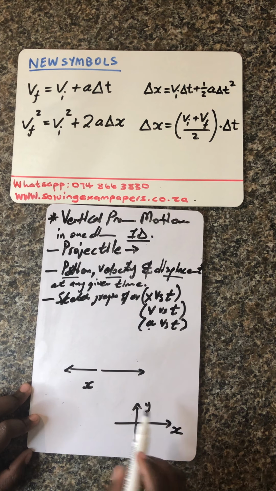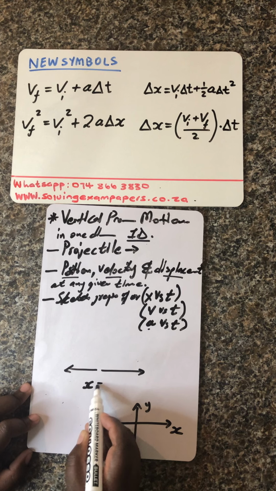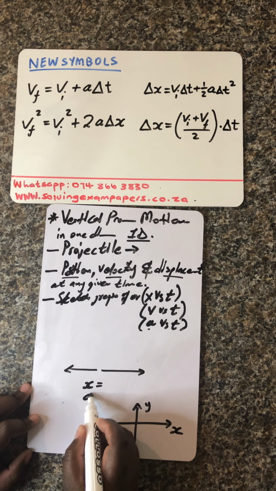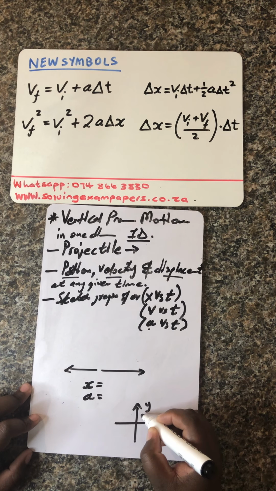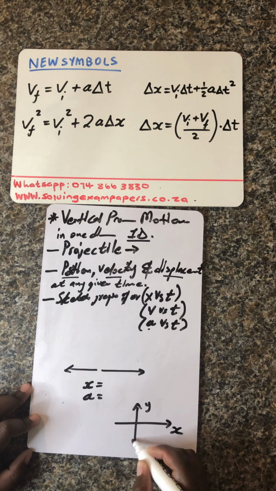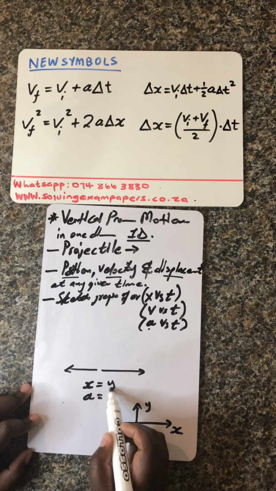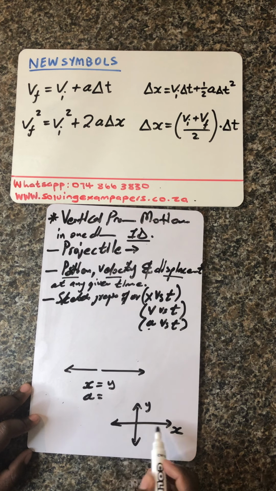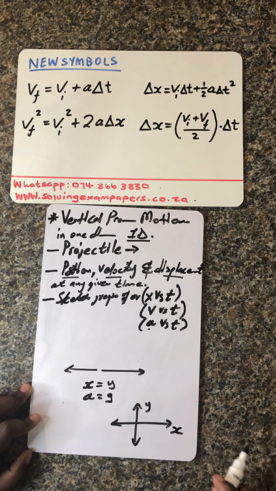So for an object moving horizontally, we represent the position in terms of x, and the acceleration in terms of a. But for objects being projected vertically upwards or downwards, we refer to the position as y.